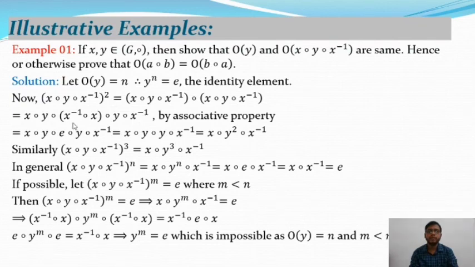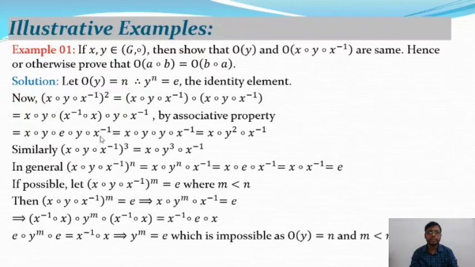Okay, and you know that x inverse composition x is equal to identity, and this is the inverse property of the group theory, where e is the identity element in G. Then from this equation we get x composition y composition e composition y composition x inverse, where e is the identity element.